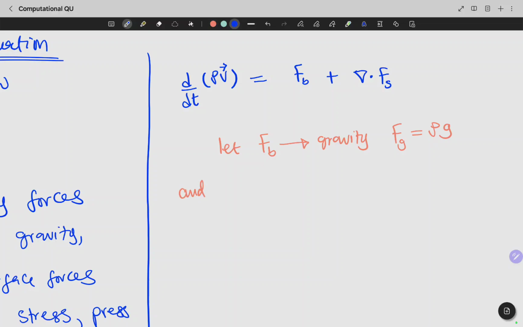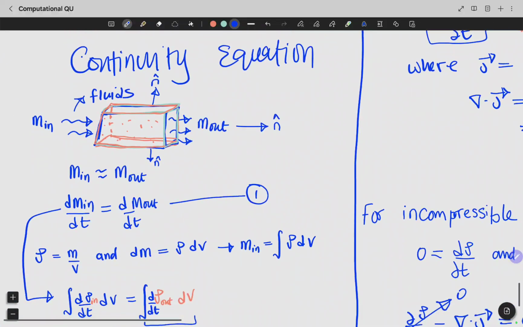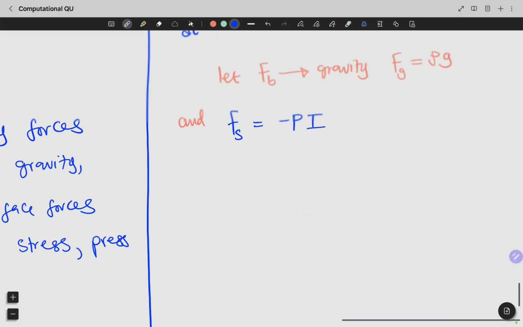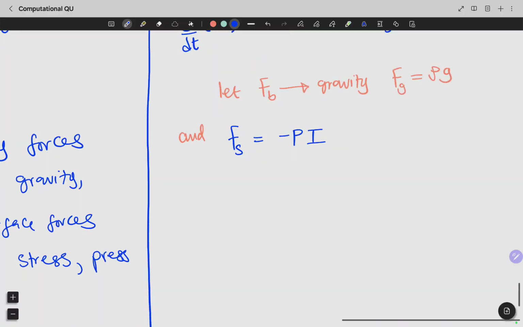And for the external force, let's assume we have only two forces. So Fs, let it be pressure. Let it be pressure in the surface. So when we say pressure, we mean pressure across the surface, and the stress across the surface.